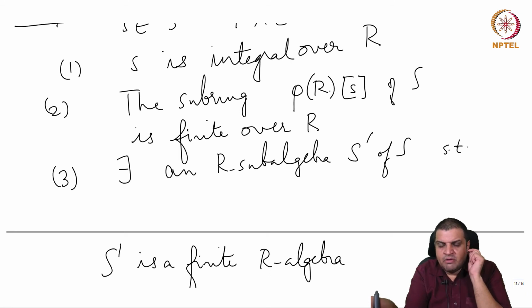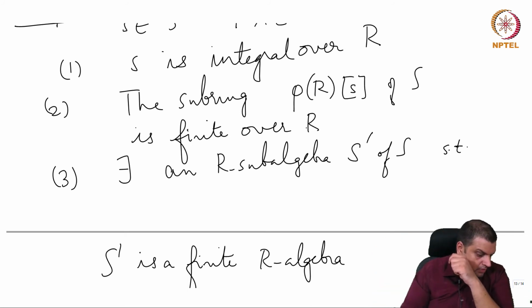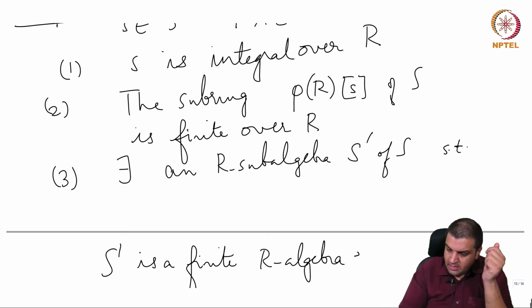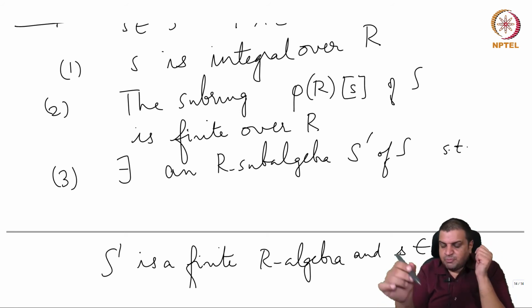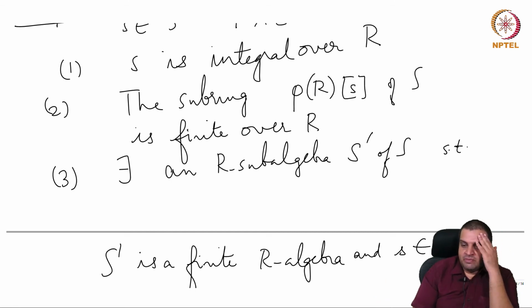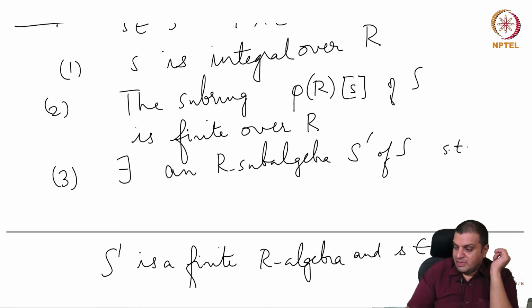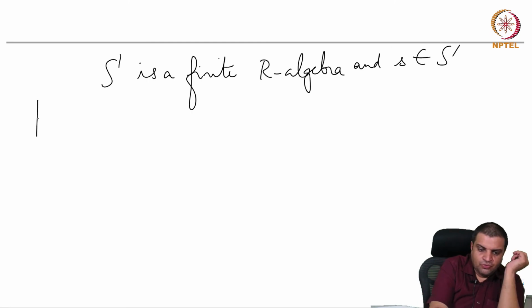So phi of R, this subring is finite over R. And I think one more statement in the third: little s is inside S prime. Okay, that S prime is contained inside some finite subalgebra, not necessarily just that. Okay, so those three statements, and the claim is that they are equivalent to s being integral. Proof.